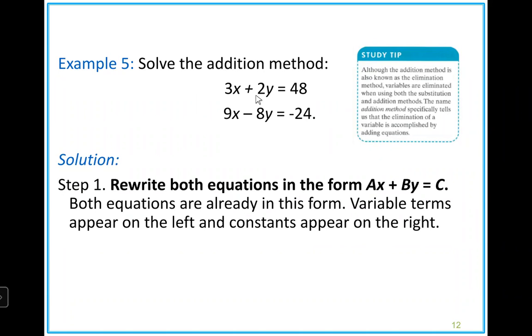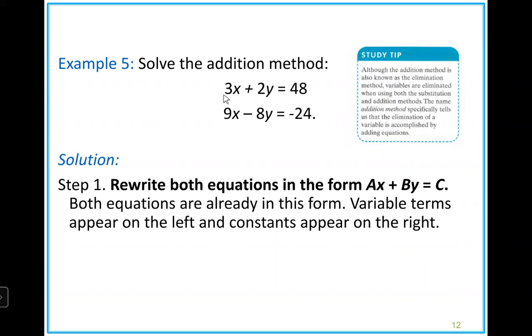4. Okay, you could have multiplied the top one by 4. So if you multiply by 4, you get 12x plus 8y, and then 4 times 48, whatever that result would be here. So that way, if you have 8y here and a -8y there, that would cancel out the y.